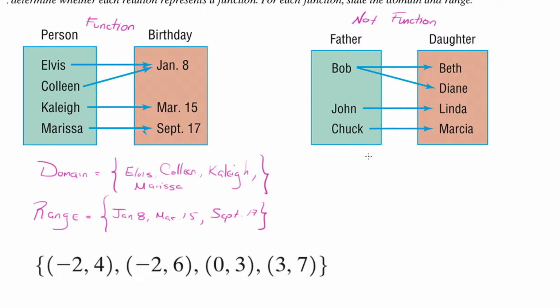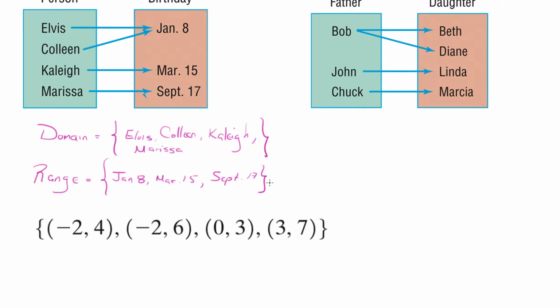Now, for this relation that is not a function, you can also find the domain and range. Okay, here the domain are Bob, John, and Chuck, and the range is Beth, Diane, Linda, and Marcia.